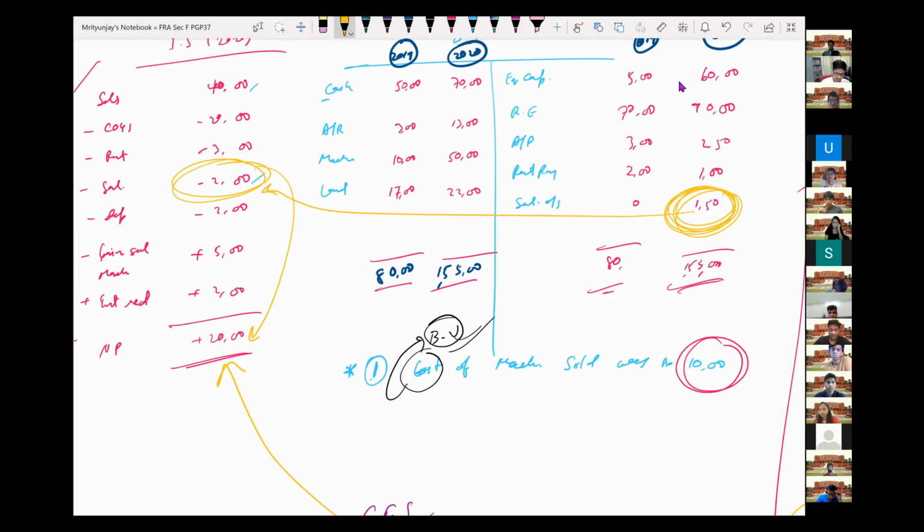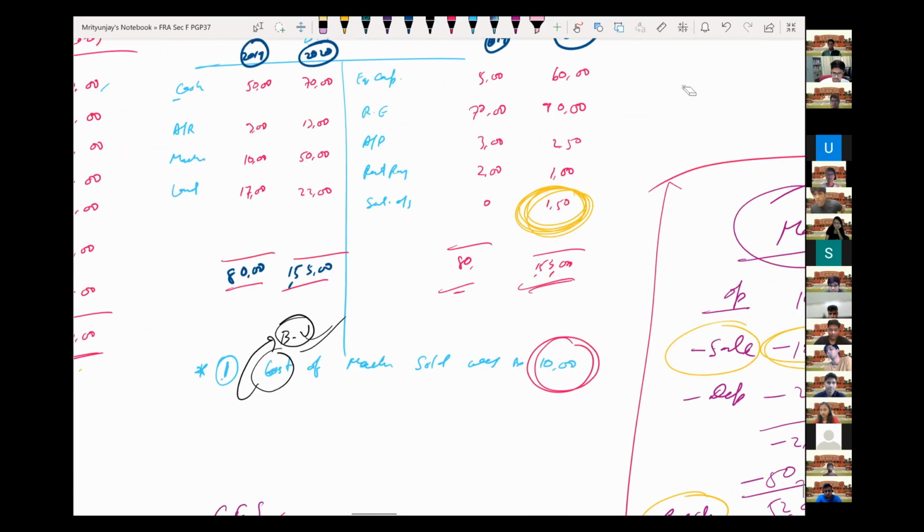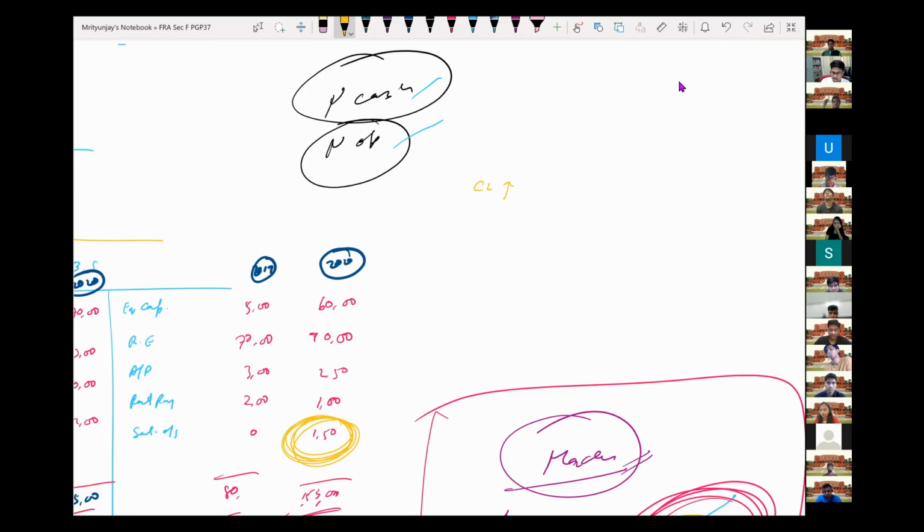That means compared to whatever is the profit, your cash would be 1,50,000 extra, right? Because you have shown an expense and that is giving you a profit of 20, but you haven't paid cash. That is why we have one rule: whenever current liability is going up, we will add it. Now there are 4 combinations that are going to be written here.